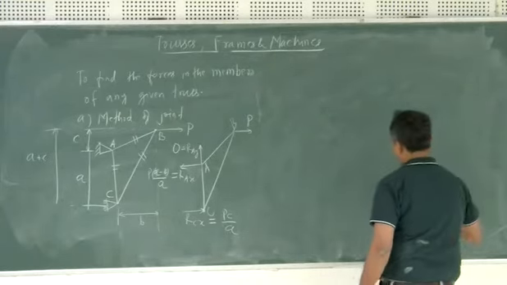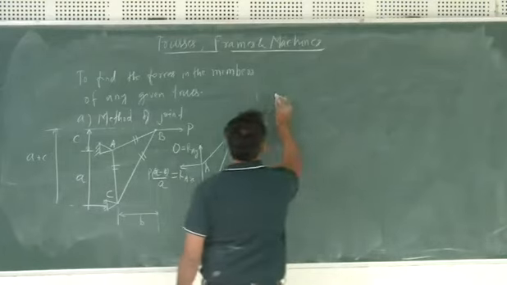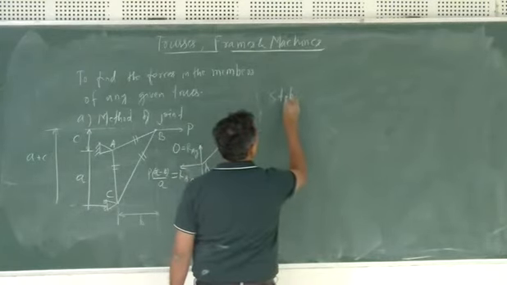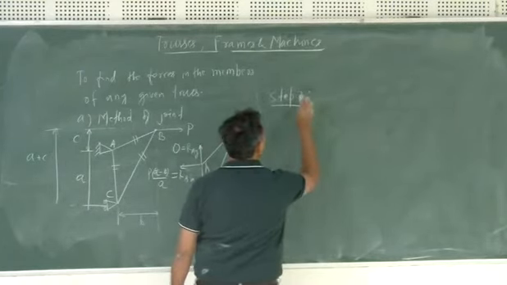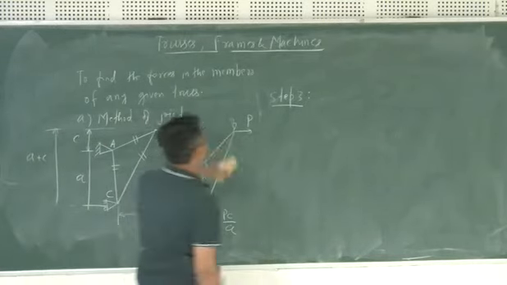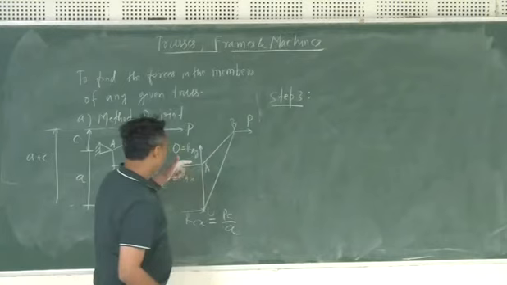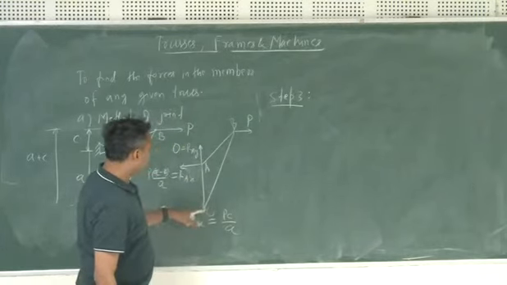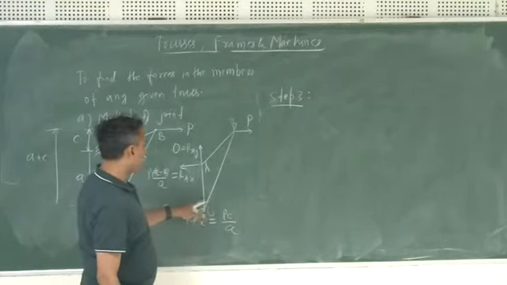Step number 3. Let us write down, here we have two components which are unknown.